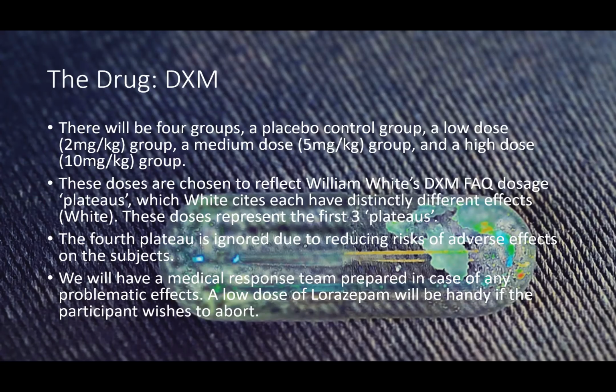There seems to be a kind of switches that get flipped at each dose range where the effects drastically differ. As an example, people report stimulation and euphoria and even empathy at the low doses, but at the high doses, people feel numb and unemotional and unempathetic.